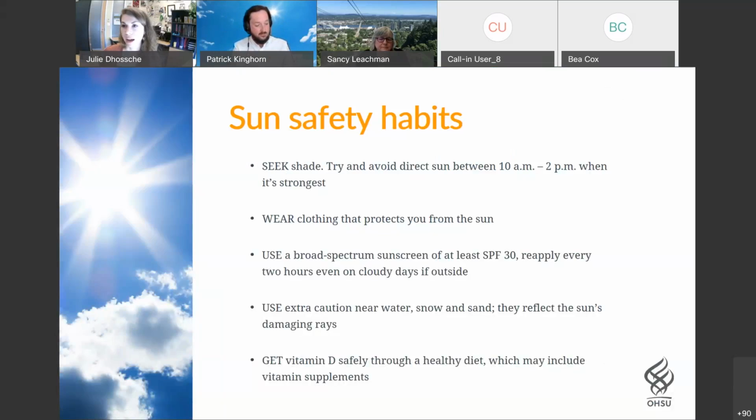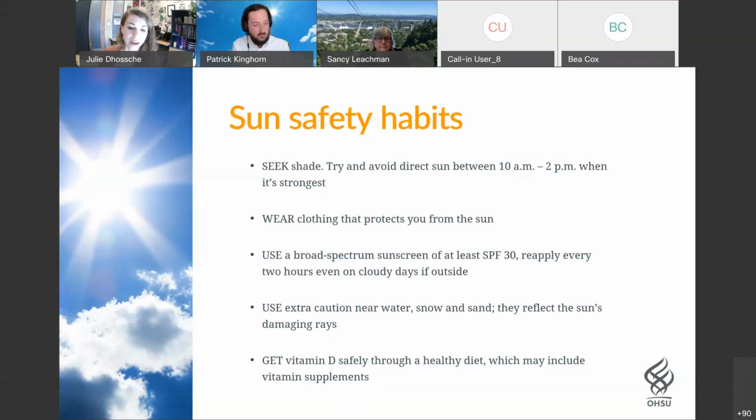When we're having some exposed skin, using a broad spectrum sunscreen of at least SPF 30 and reapplying every 2 hours, even on cloudy days if you're outside. Using extra caution near water, snow, and sand, because these are surfaces that reflect the sun's damaging rays. And so when you're doing those outdoor activities, being extra careful in that regard.